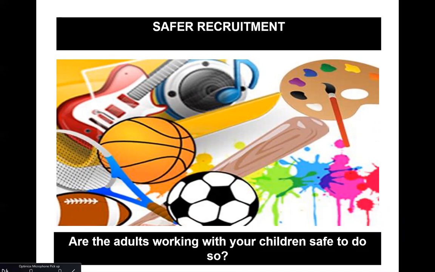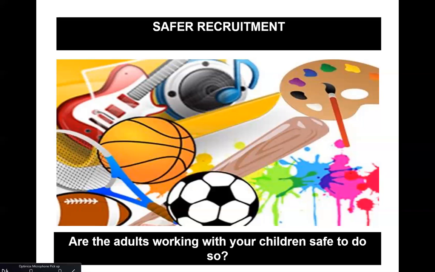The safer recruitment are the steps taken to evidence that the adults employed to work with children are suitable adults. It begins with the clear message sent out by the school that they are a supporter and are aligned with the safeguarding standards to keep children safe. It is an attitude to employment where we seek to ensure that the adults that we interview and subsequently appoint have the behaviours, attitudes and values which align with the culture of the school.